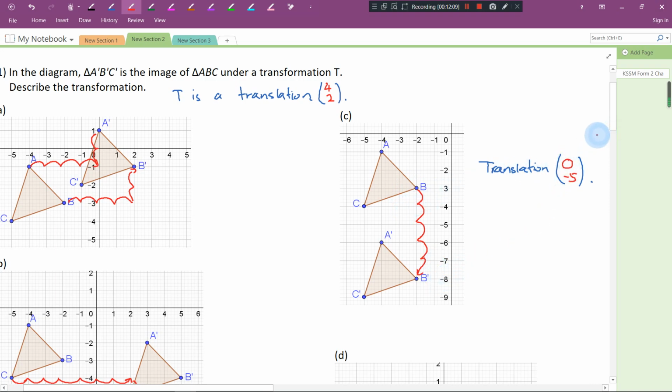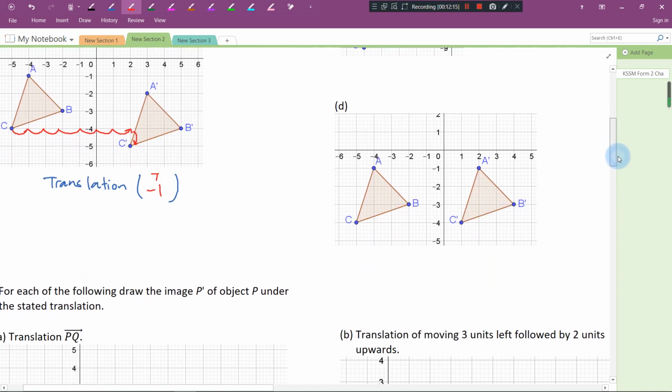Okay, let's try one more. Let me double check. 1, 2, 3, 4, 5. Okay, correct. Let's try this one. Okay, let me repeat again, remind you again. Start from the object. Remember. Translation.